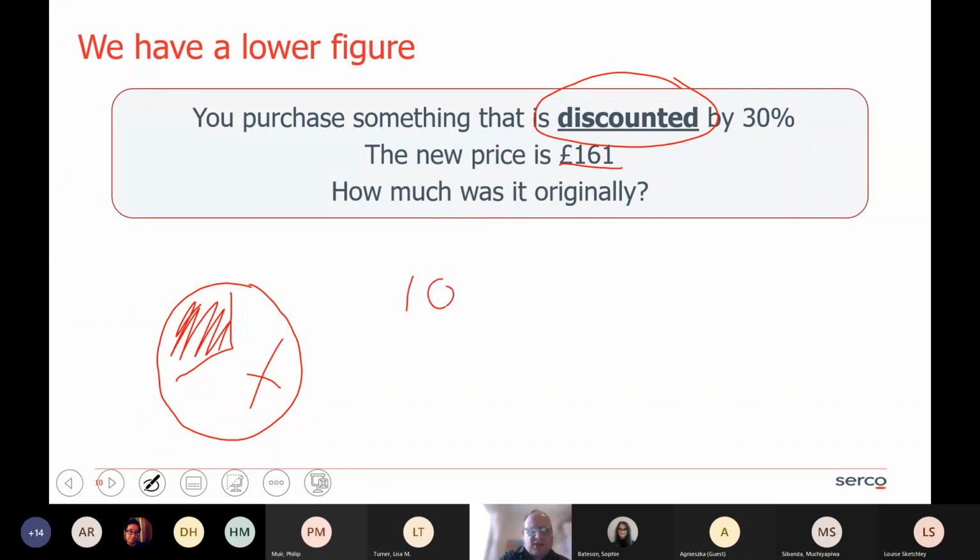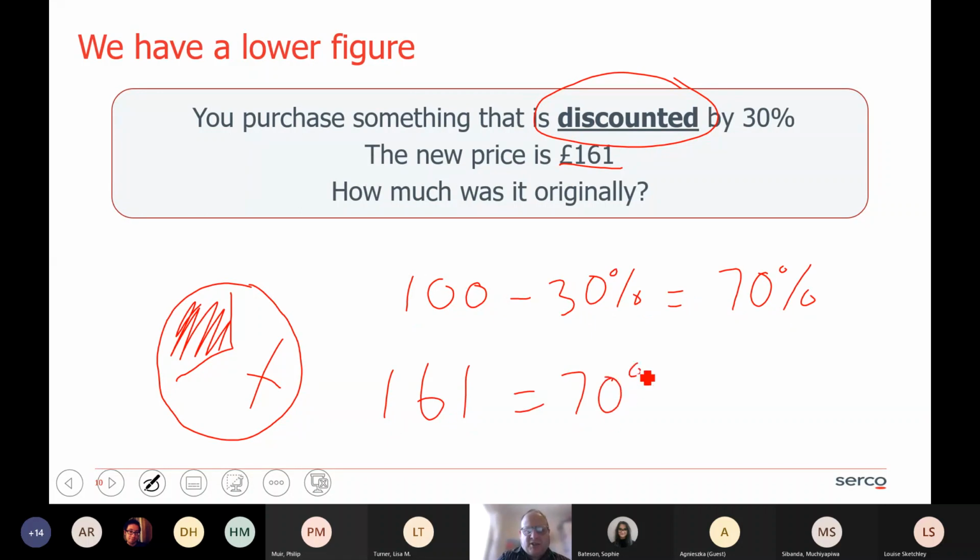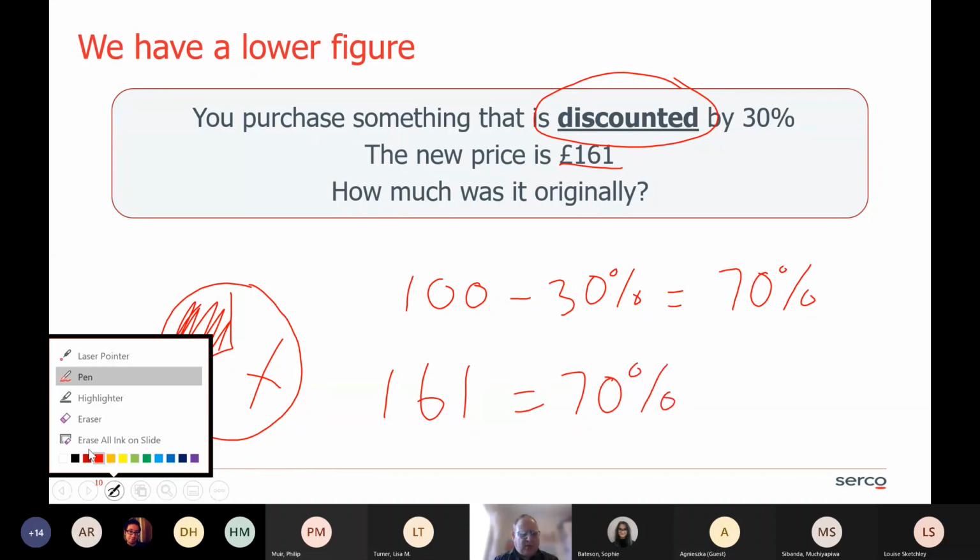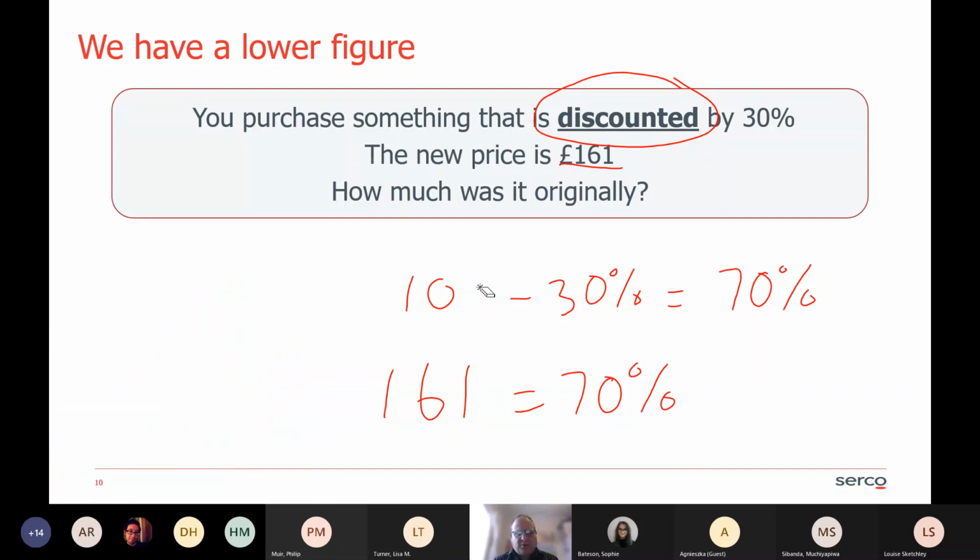And if you think the total thing is 100%, and we've discounted 30%, you appreciate we're now on 70%. So in this case, our figure of £161 is actually 70% of the original price. Let's go back and erase these things here. Just a bit more space. So we know £161 is 70%.